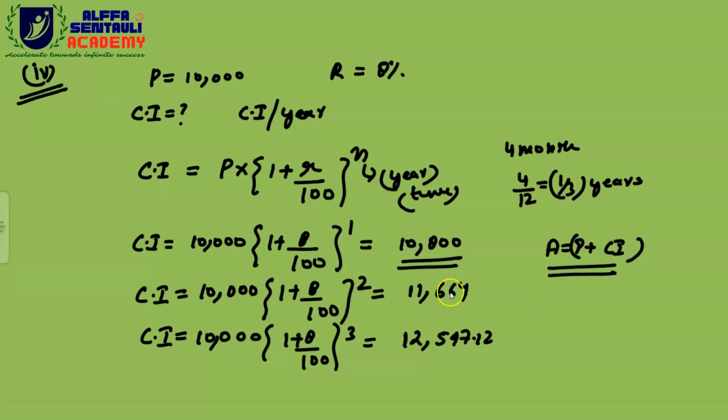See this much. So now if you subtract this term from this term, and then this term from this term, you will not get the same thing, right? Let's suppose we are subtracting 11,664 minus 10,800. What is the number that you will get? You will get 864. This number you will get, right?